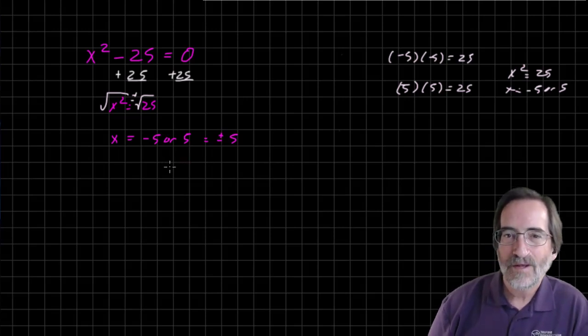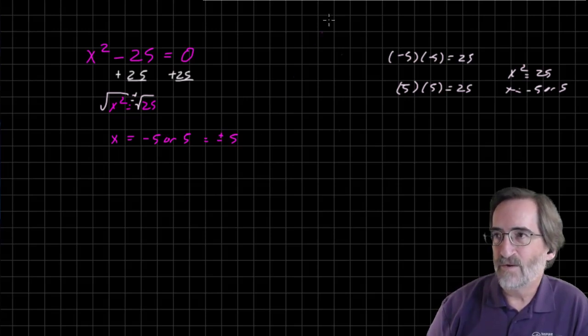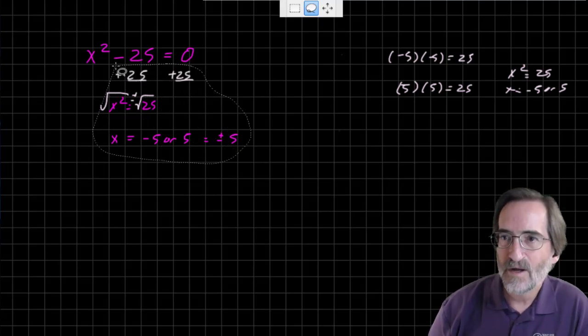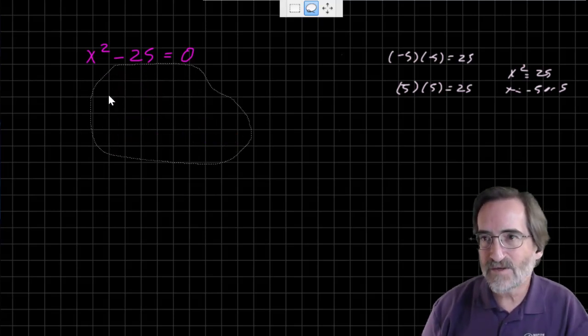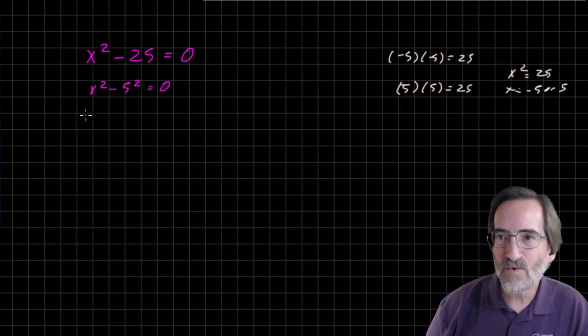Okay. All right. Now the way they'll show you, let me back up here a little bit, is using a difference of squares pattern here. And we recognize this is a difference of squares because x is squared and 25 is 5 squared. So you can think of this as x squared minus 5 squared. And when you have a difference of squares, you can write it like this: x plus 5, x minus 5.